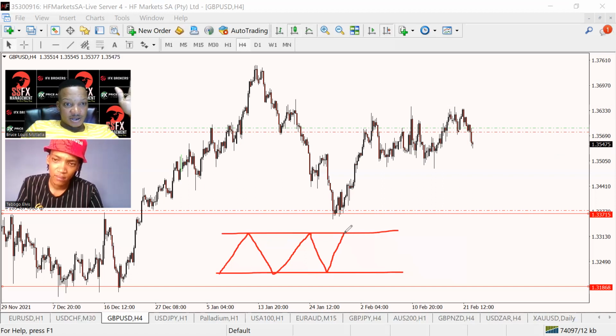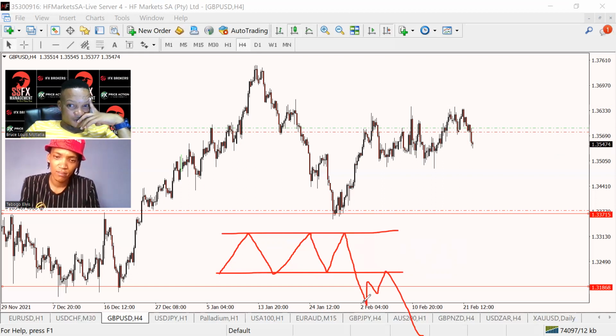Unless it breaks and goes back to test. Now we are confirming that it's going to go down. Yeah. But if it does not break and we see a bullish pin bar, then we anticipate a buy.